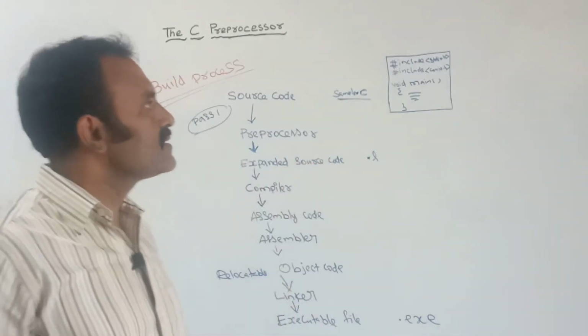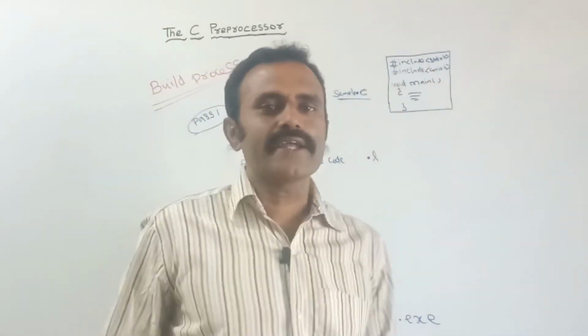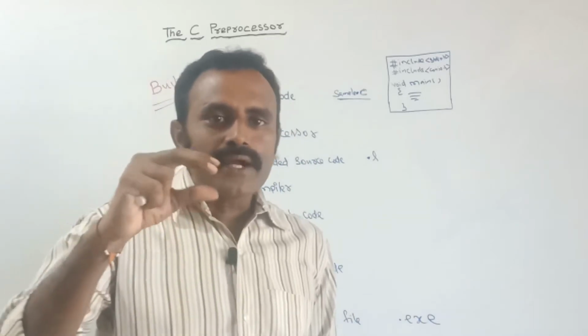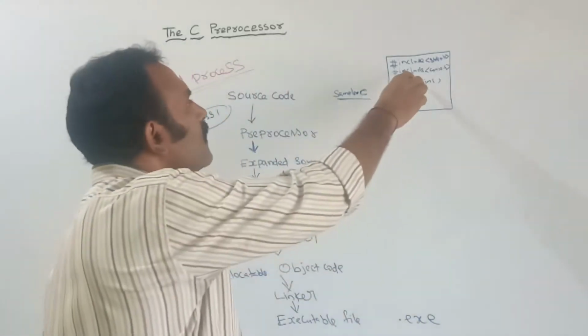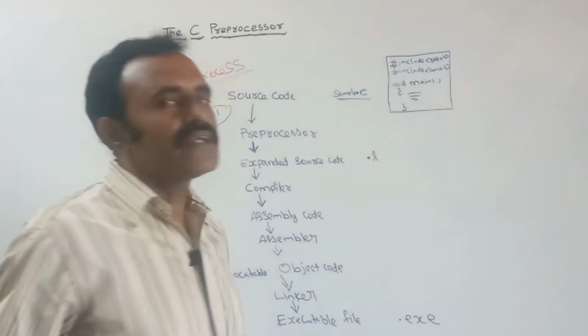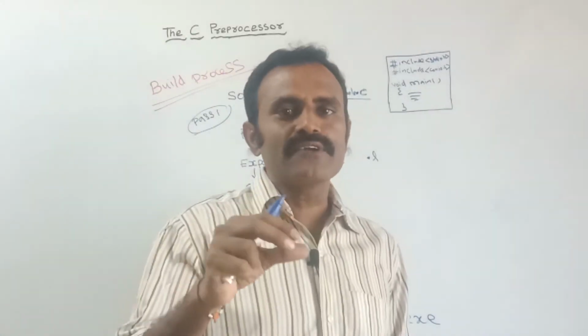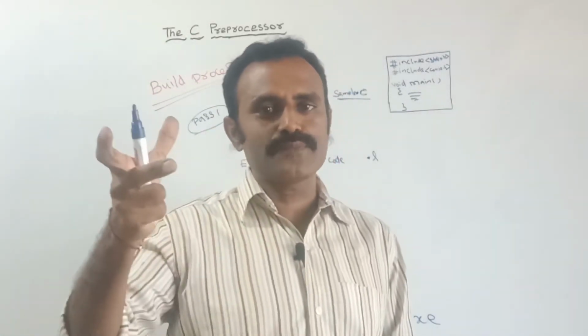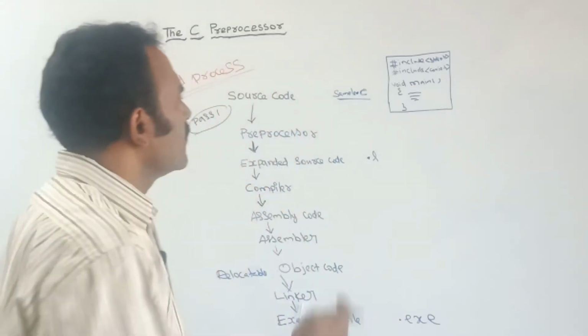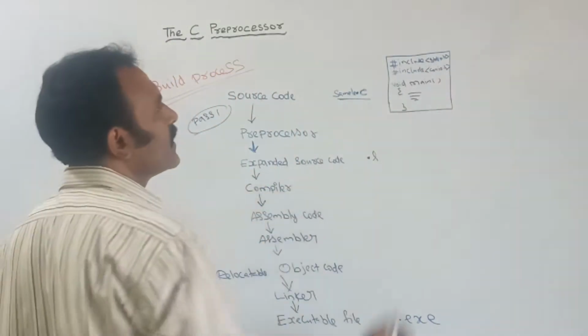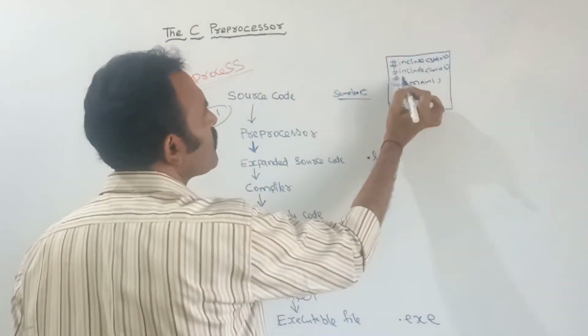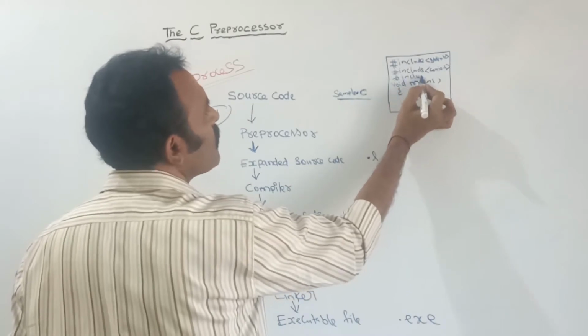How does it process? This is a file inclusion directive. That means depending upon the preprocessor directives included in our source code, the file will be expanded. See, here in total we have included two header files. Suppose you are taking another one, include string.h.